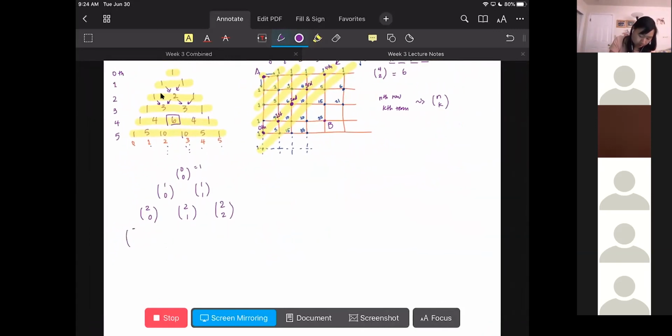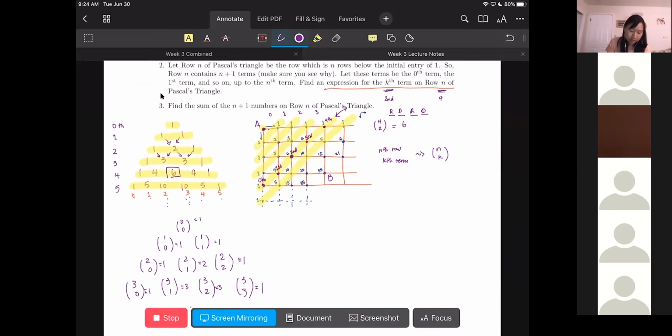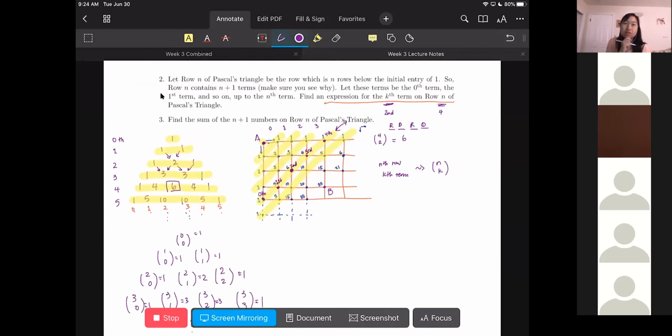Then it could be 3 choose 0, 3 choose 1, 3 choose 2, 3 choose 3, and so on. And this is exactly equivalent to Pascal's triangle. So for example, this is 1, 1, this is 1, 2, 1. This is 1, 3, 3, 1, etc. So basically, that solves number 2, which is to find an expression for the kth term on row n.